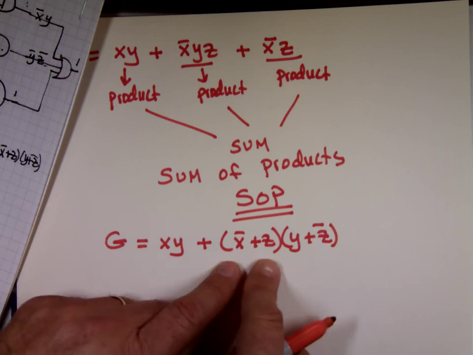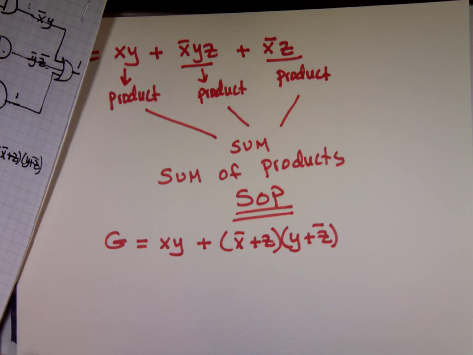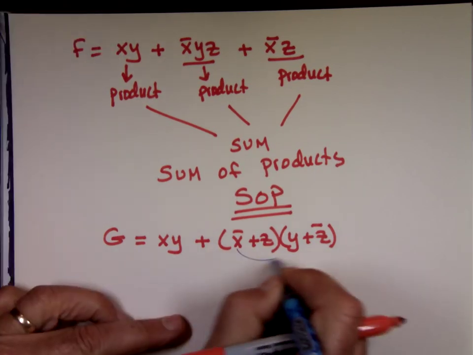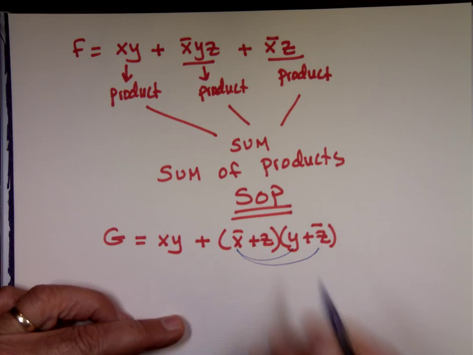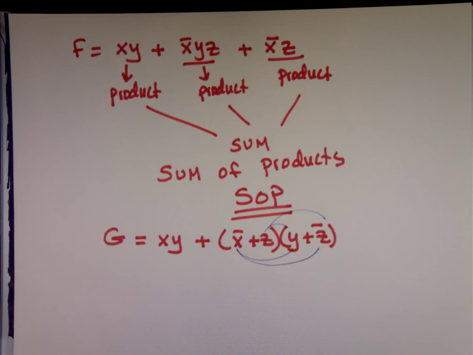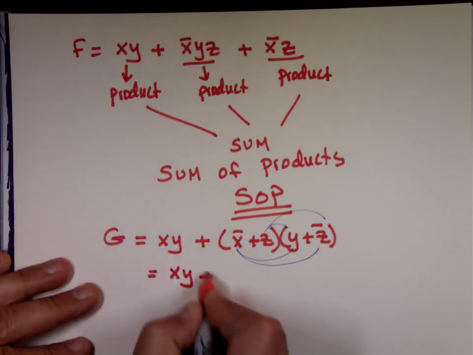How do we change this to make it look like this? Foil it, absolutely. Go with the foil. My first reaction to that problem when I saw it was to foil it. Now if I foil that, what do we have? xy plus, let's look at this.